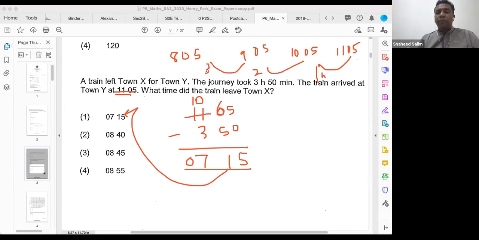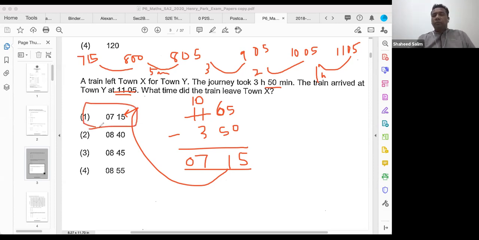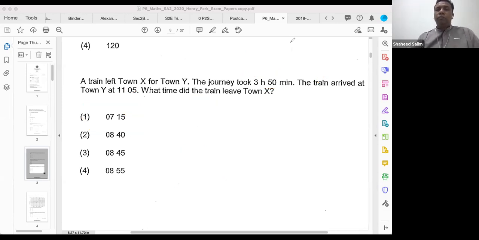This is the third hour. But we must go another 50 minutes back. I go back 5 minutes first and get 8 o'clock. I need to go back another 45 minutes, so it's 7:15. You can also do this method. Okay, 2 methods.